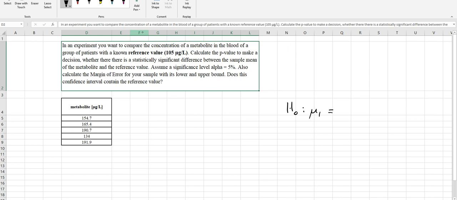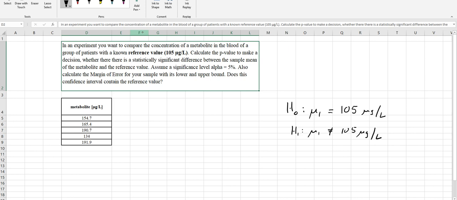And we say that this population mean is the same as our reference value, 105 microgram per liter, and any difference from 105 is simply due to sampling error. Likewise, we can write our alternative hypothesis, and we simply say that the population mean from which the sample is drawn is not the same as the reference value.